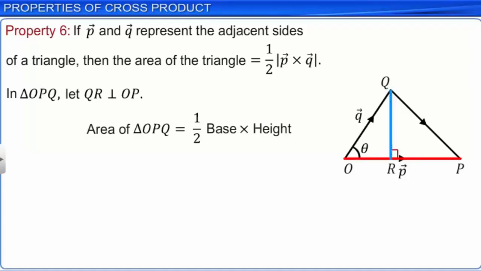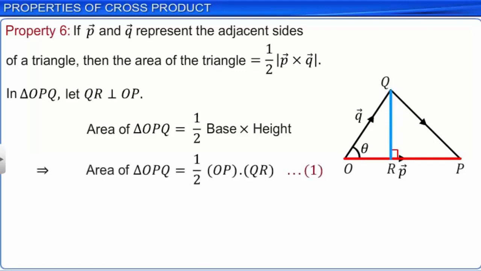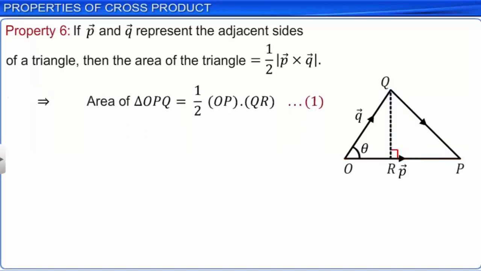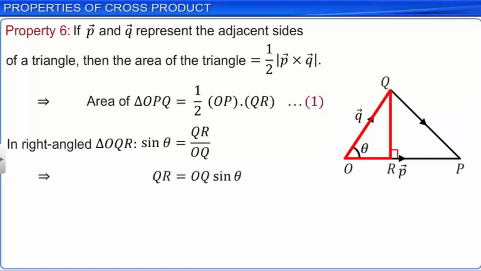From right-angled triangle OQR, we get QR is equal to OQ sine theta, where theta is the angle between vectors P and Q. Let us substitute this value of QR in equation 1.